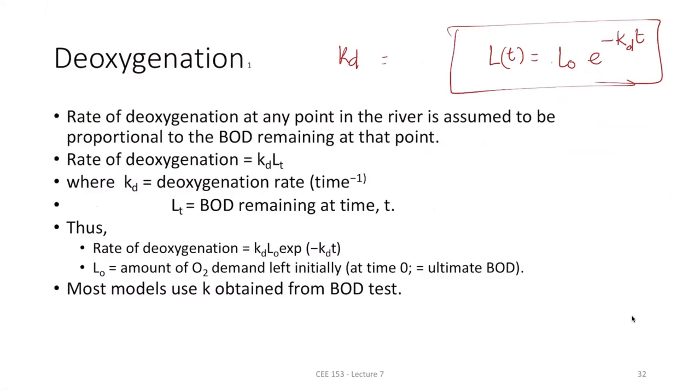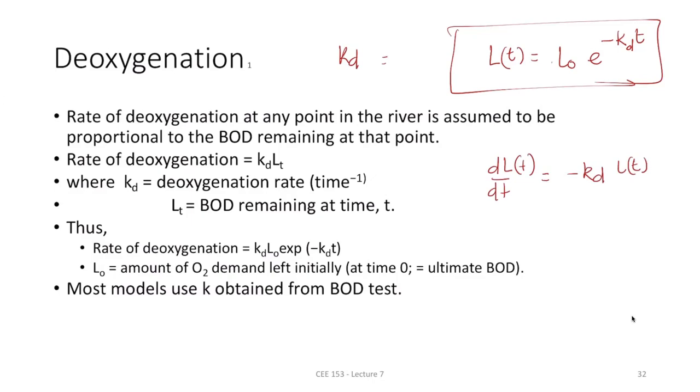That means the rate of deoxygenation, you can write the same thing, dLt by dt is Kd Lt.